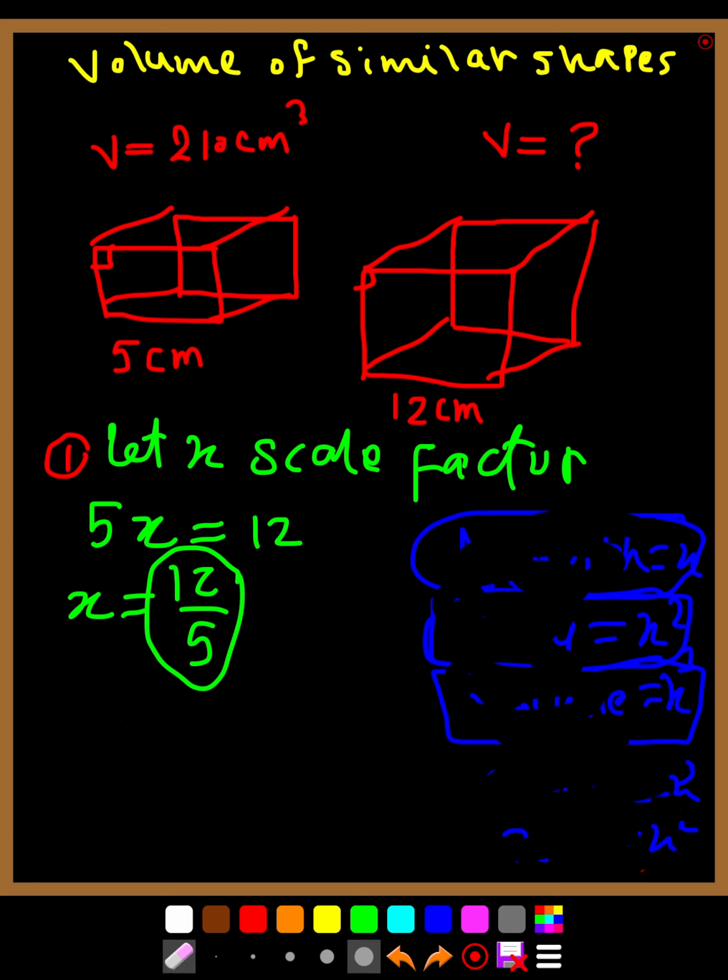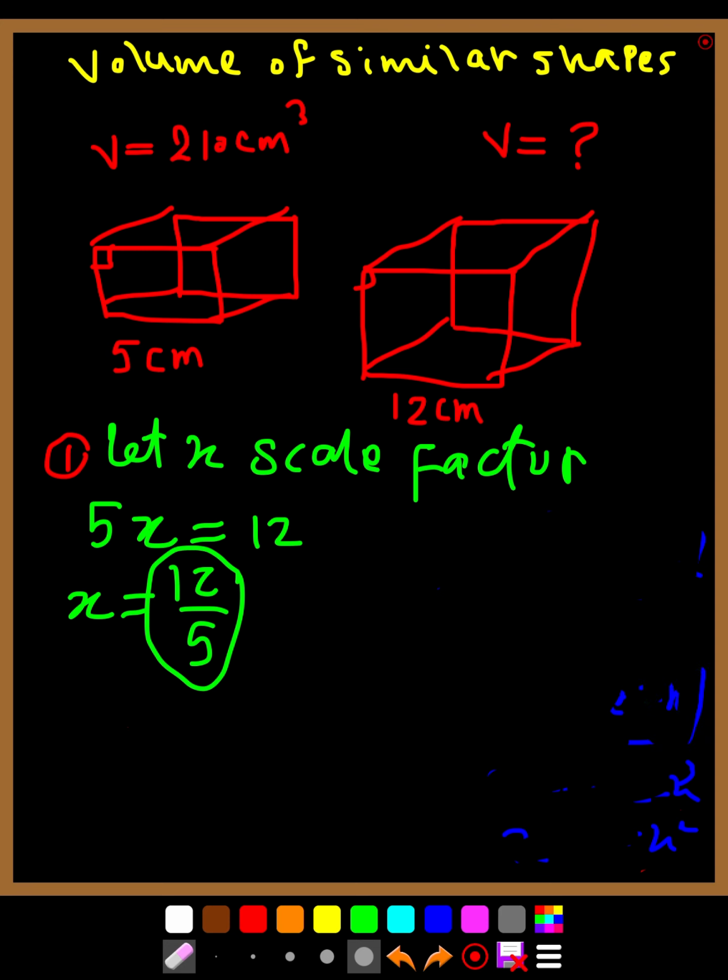Here we need to find the volume, so we have the scale factor x and we will cube it, taking the power 3 of the scale factor. Before getting the missing volume, we multiply the scale factor by itself 3 times, so it is 12 over 5 all to the power 3.